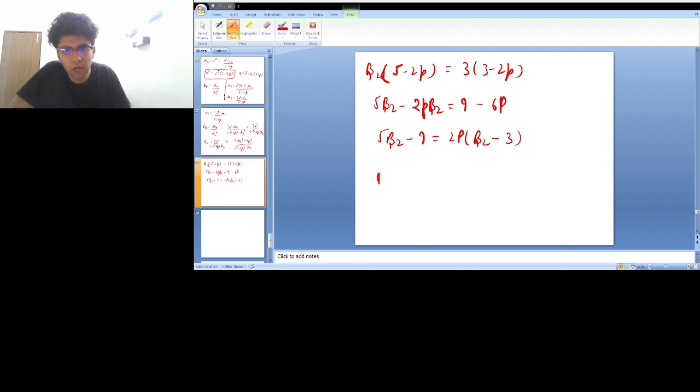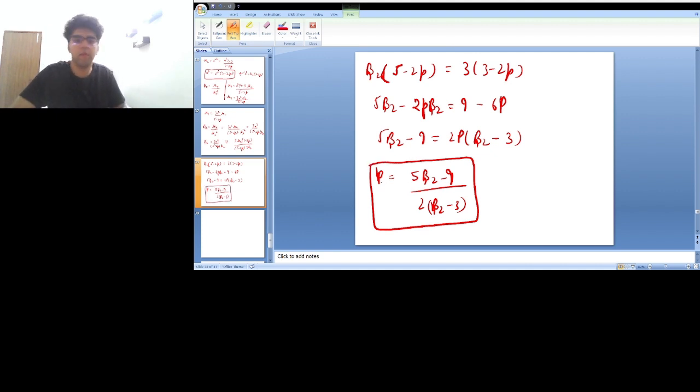So ultimately the value of p is 5 beta 2 minus 9 upon 2 beta 2 minus 3, and this is what we needed to show. P is equal to 5 beta 2 minus 9 divided by 2 beta 2 minus 3, right?